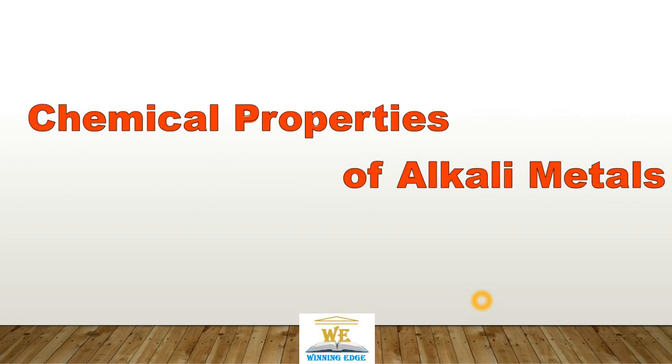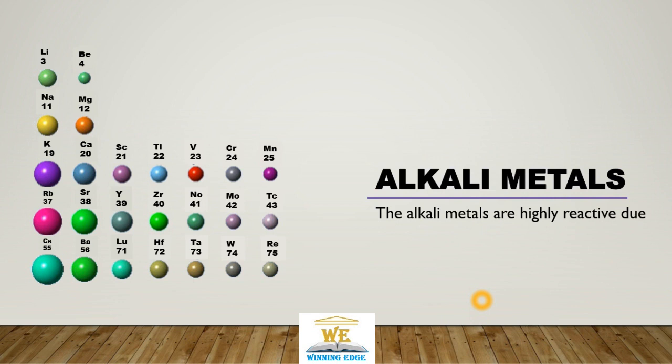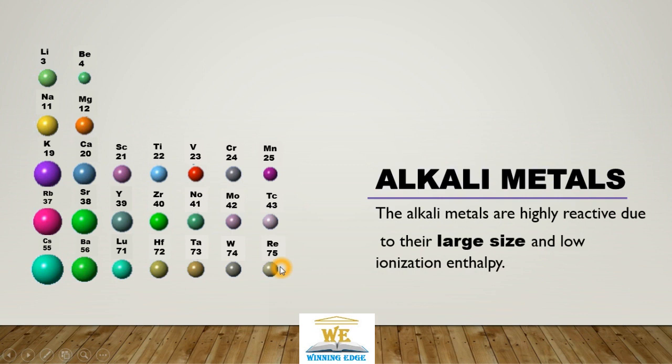Now let's talk about the chemical properties of alkali metals. The alkali metals are highly reactive due to their large size and low ionization enthalpies. Here we have given just the rough size of the elements. Compared to magnesium, potassium is much bigger in size.